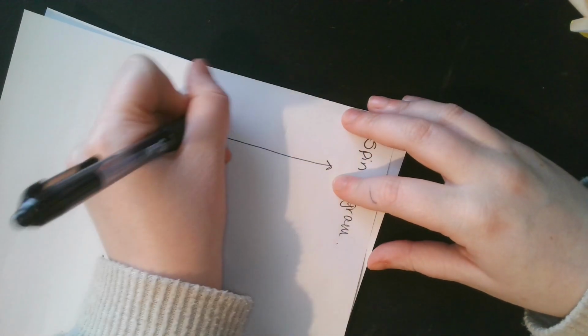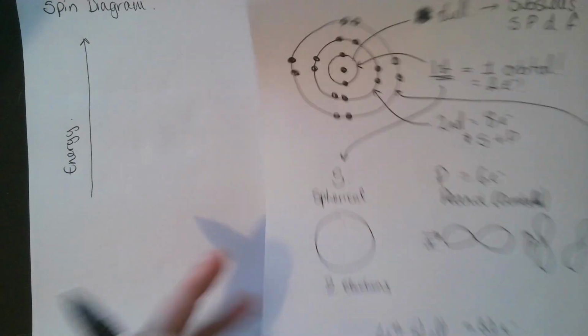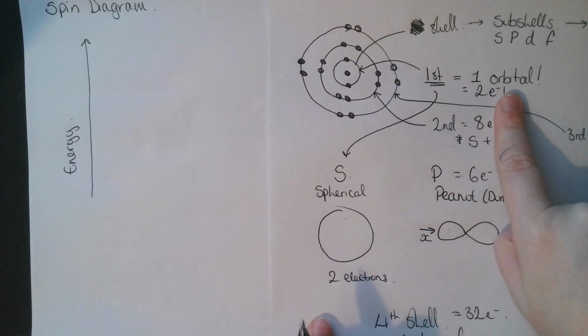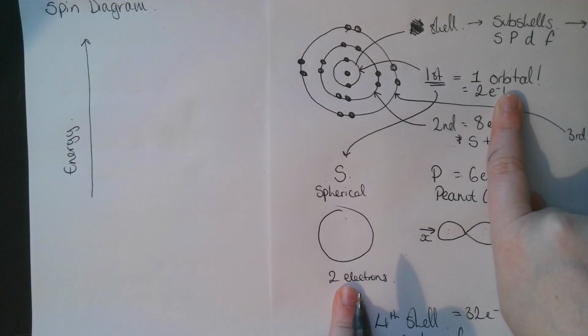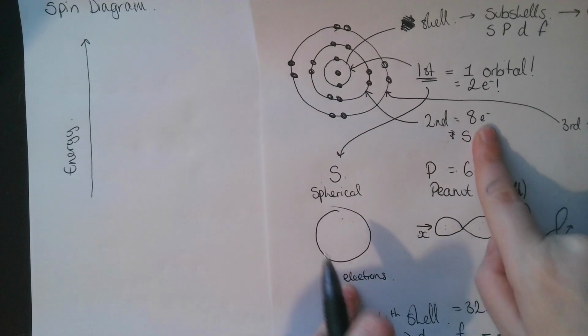the energy of the orbitals within the shells. Okay. So, looking at the first shell, we know it only has an S orbital, an S subshell, which contains one orbital.